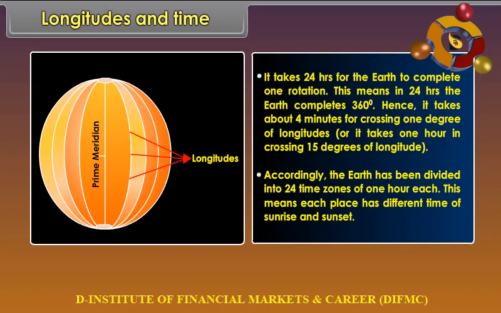Hence, it takes about 4 minutes for crossing 1 degree of longitude, or it takes 1 hour in crossing 15 degrees of longitude. Accordingly, the Earth has been divided into 24 time zones of 1 hour each. This means each place has different time of sunrise and sunset.